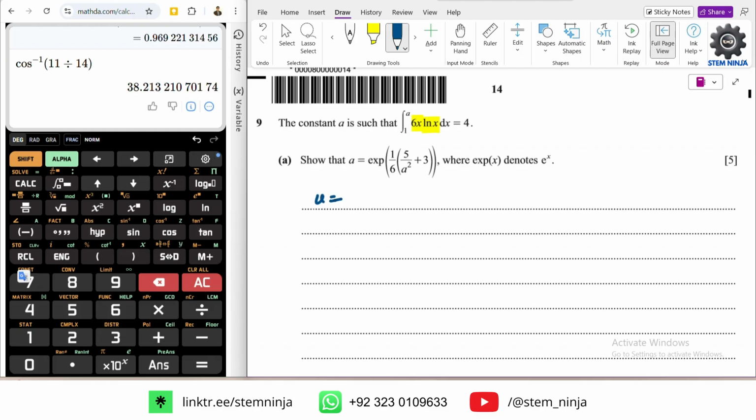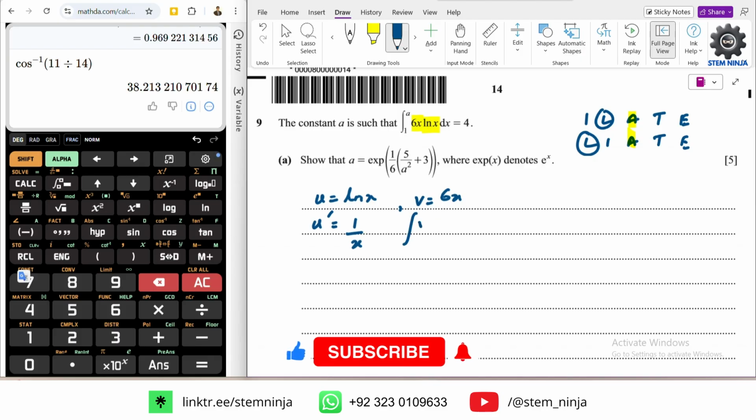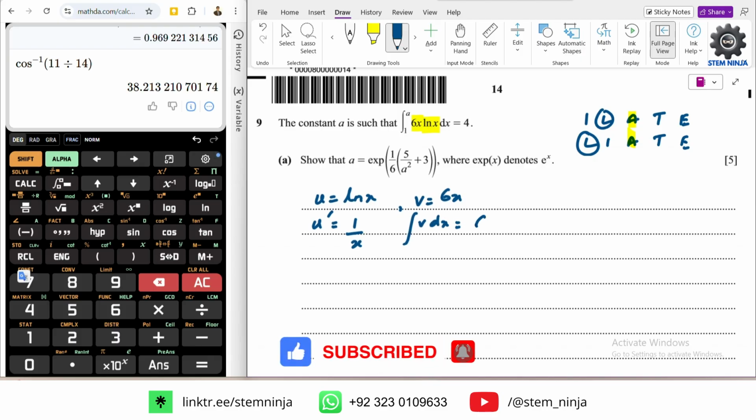So u is ln x, because remember the rule LIATE: logarithmic functions are preferred to algebraic ones for the selection of u. So u prime, the derivative of u, is 1 over x. v prime is 6x, and the integral of v prime dx is 6x squared over 2, which is just 3x squared.